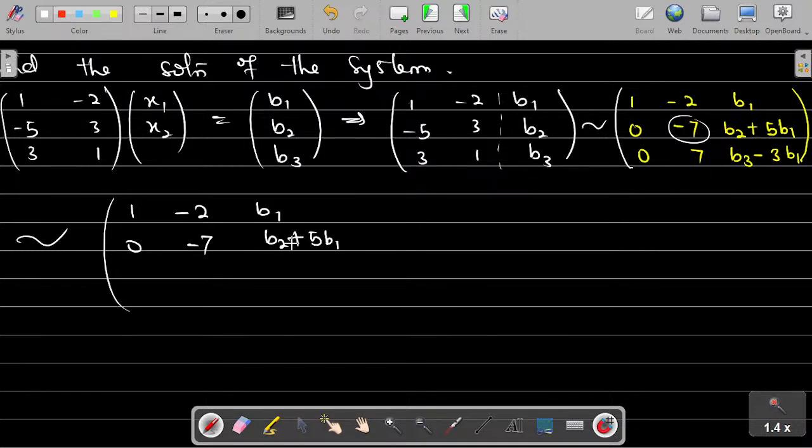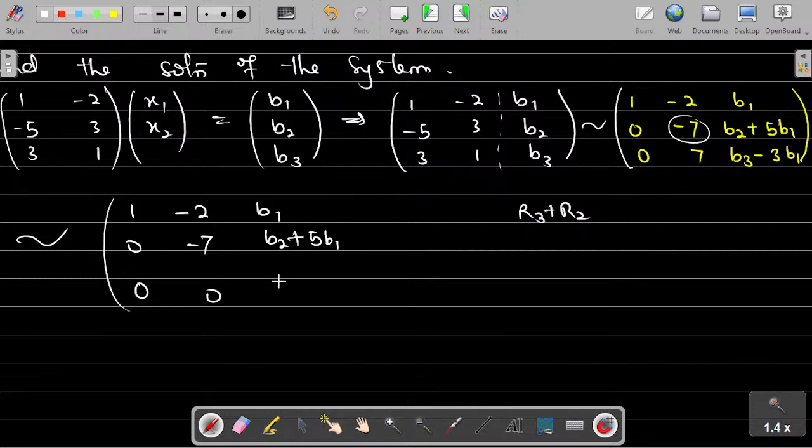And then row 3 will now become, what will be our new row 3? I want to eliminate this, so I just do R3 plus R2, because R2 is now our pivot, so this will give us 0 here. Here will also be 0.